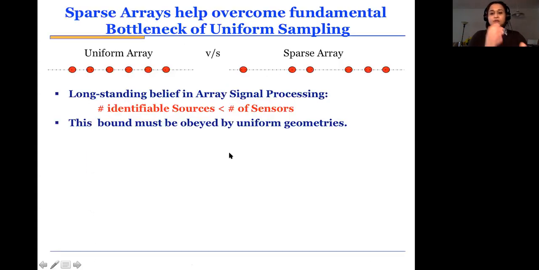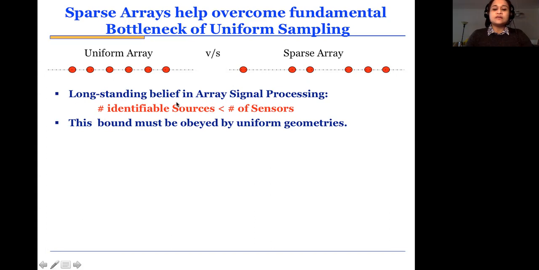So let's try to understand what was the fundamental bottleneck using conventional sampling techniques, okay? So in sensor array processing, conventional sensor geometries are those of uniform geometries, where you place the sensors equidistant from each other, okay? So suppose in a line, you place them so that the distance between any 2 consecutive sensors is the same.